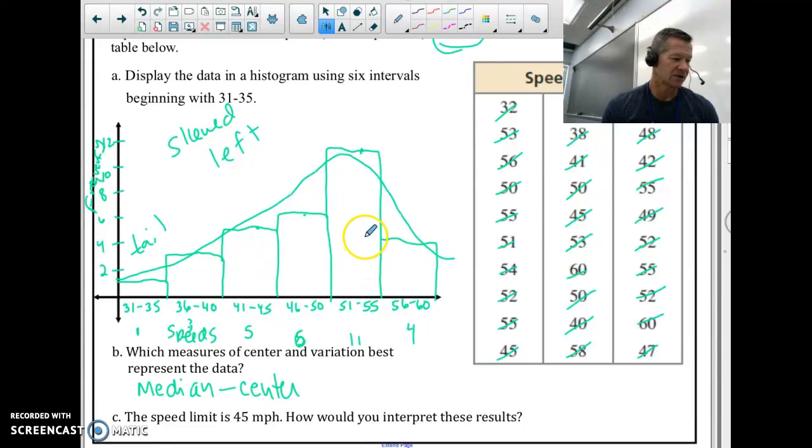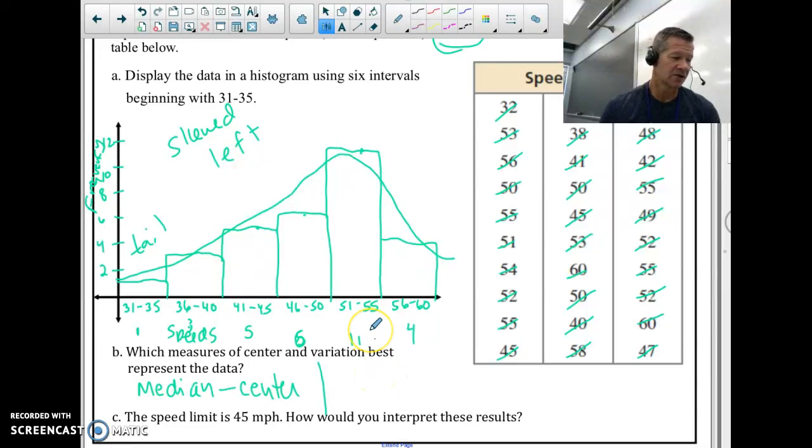Okay, so now, how would I describe the variation? Well, we've done 2 ways of finding variation. One way we've done it is we have used standard deviation. And then the other way we've done variation is we've done a 5-number summary, which we did with the box and whisker plot.